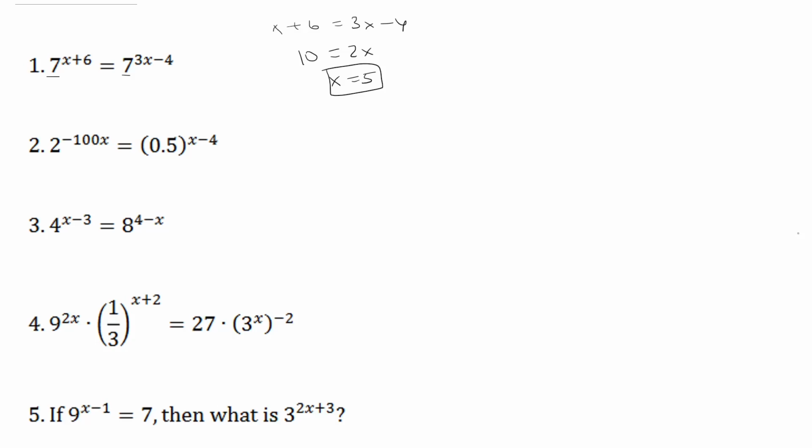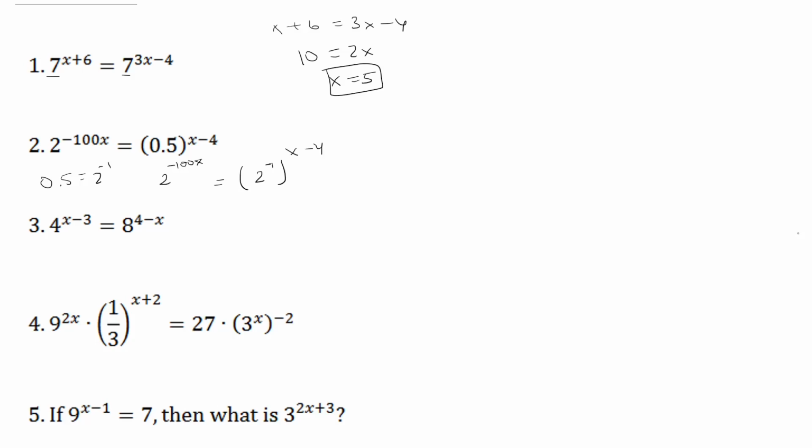For the second example here, we can either choose to rewrite 2 as 1/2 or 1/2 as 2. Personally, it's better not to deal with decimals, so let's change the 1/2 to a 2. So notice that 0.5 is just 2 to the negative 1 power. So we have 2 to the negative 100x equals 2 to the negative 1, and then raise that to the x minus 4 power.